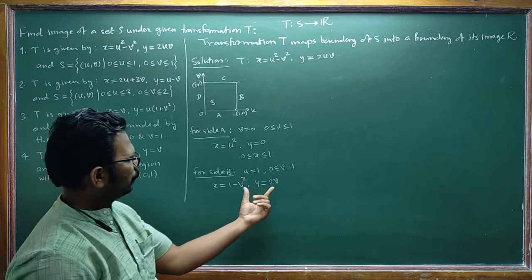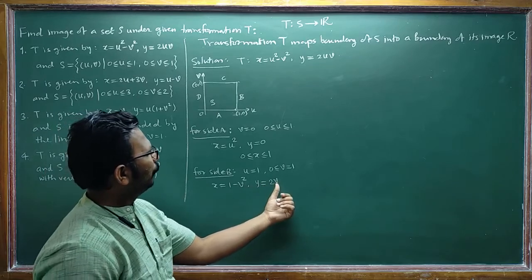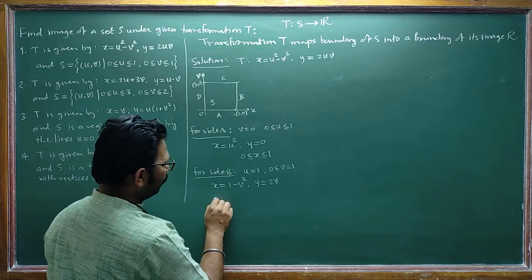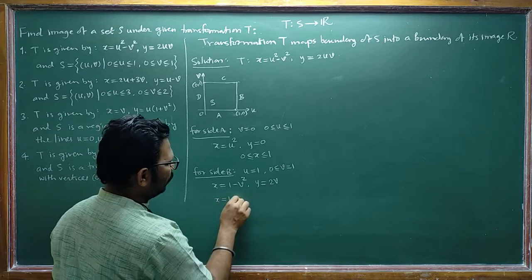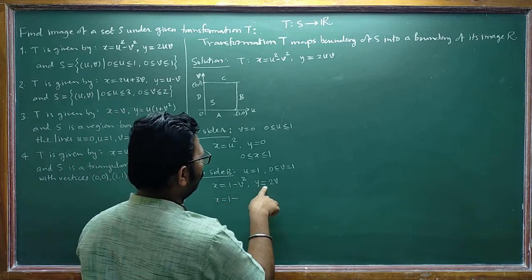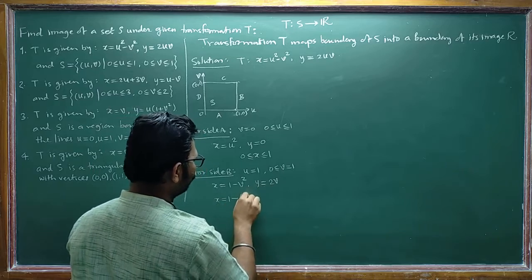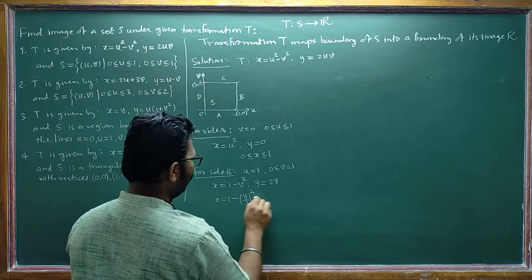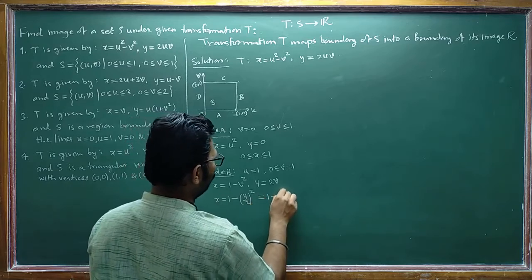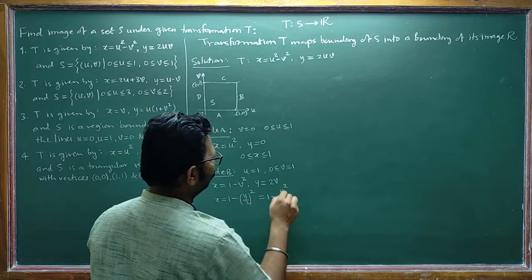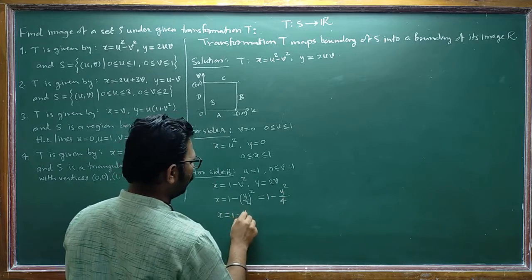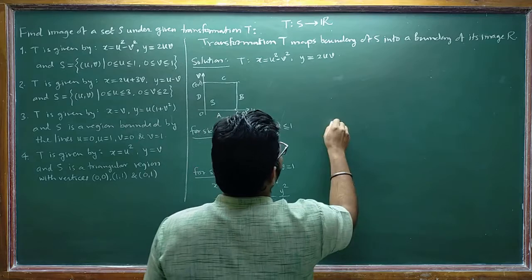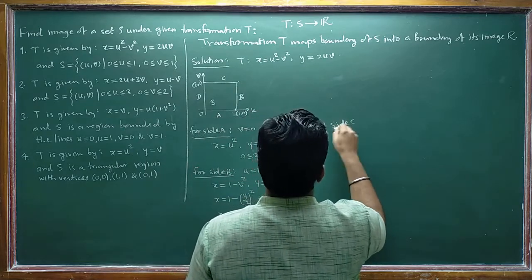Eliminate v from those two equations to get the relation for side B.